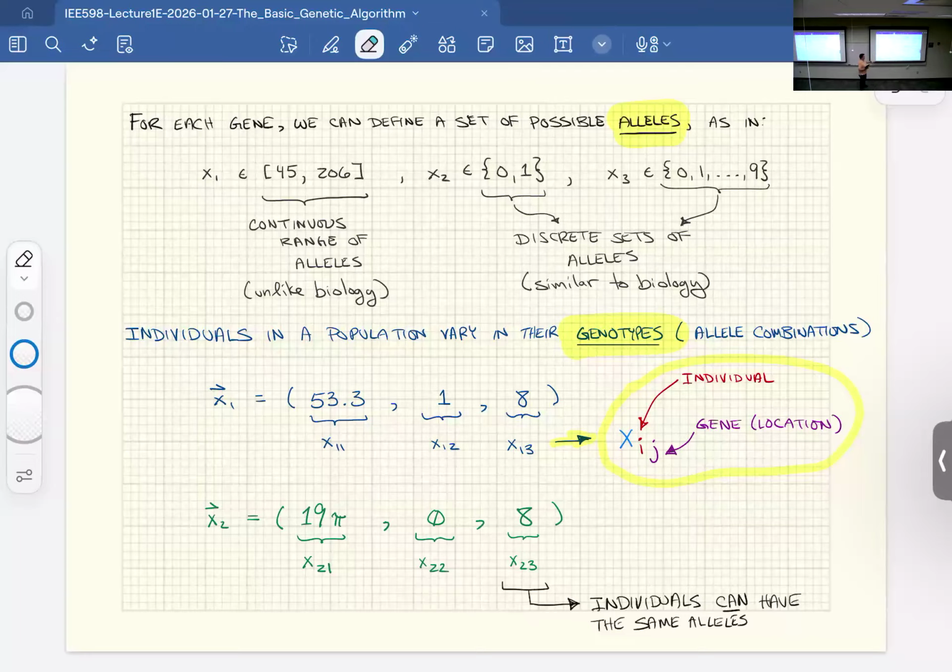So for whatever reason, these two individuals agree in some places and disagree in others. And so we are maintaining a population of these genotypes, and we are trying to keep the ones that are doing well and then slightly perturb off of them to explore and then throw away the ones that are doing poorly.